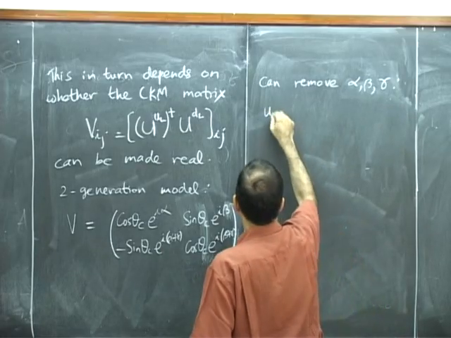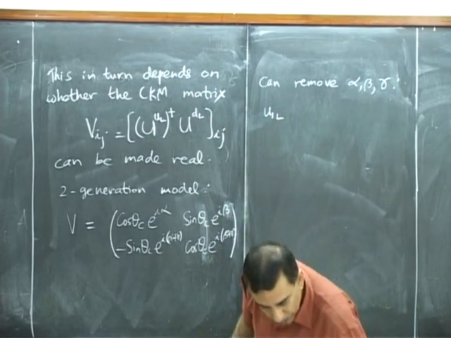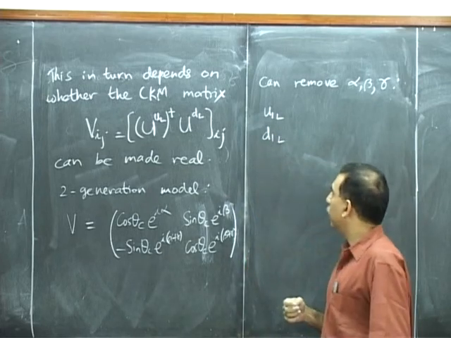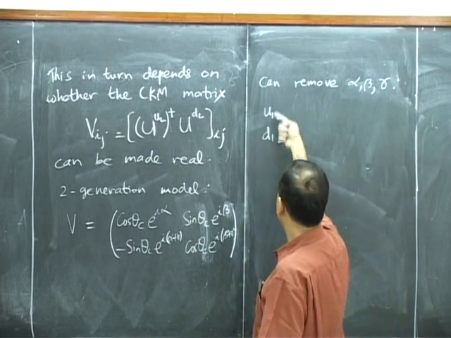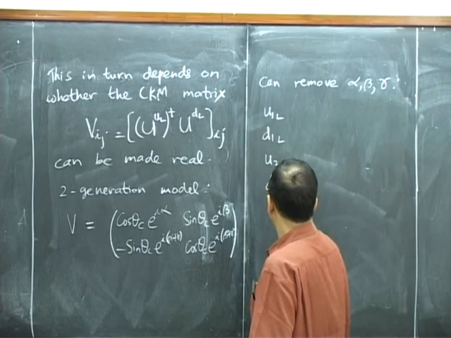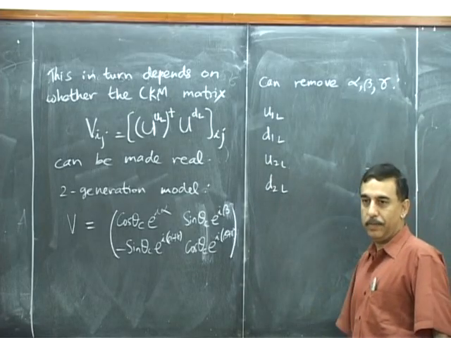We put together all the 4 quarks, U1 left, D1 left. These are the left-handed quarks of the first generation, and then U2 left and D2 left, which are actually just names for charm and strange left.